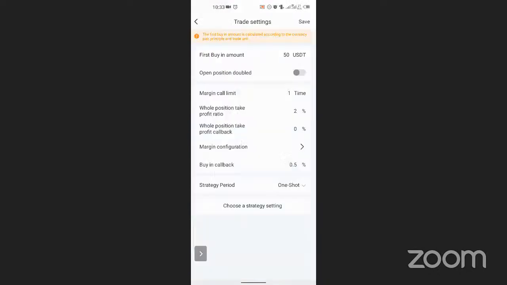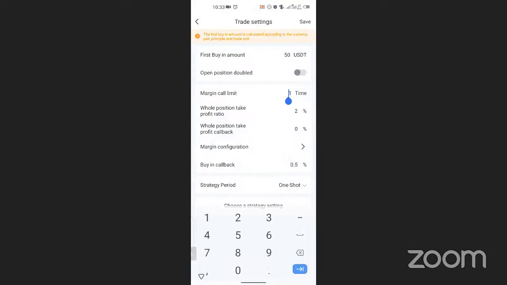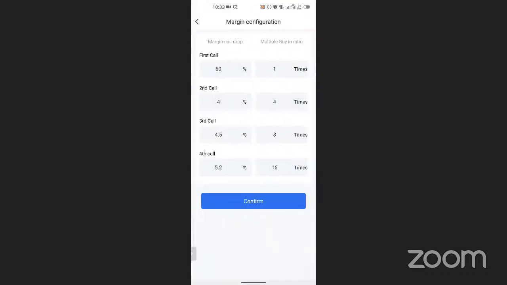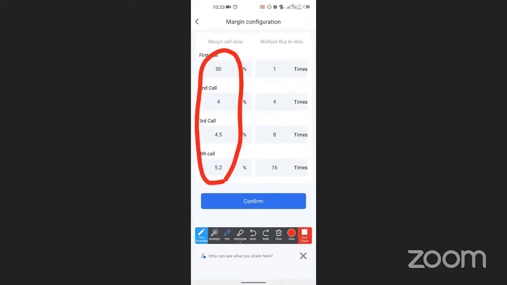Now, let's get there very fast. So, for example, you say your margin calls are 4. Now, your margin calls that are 4 must have the ability to keep increasing whenever the market keeps going down, and the dollar cost averaging method must have the ability to keep multiplying whenever the market keeps going down.